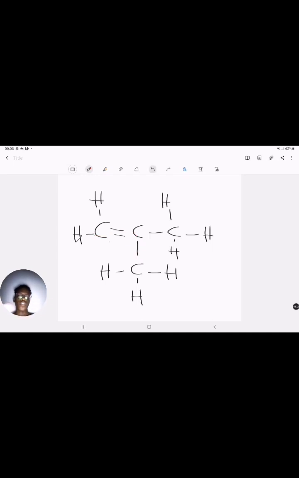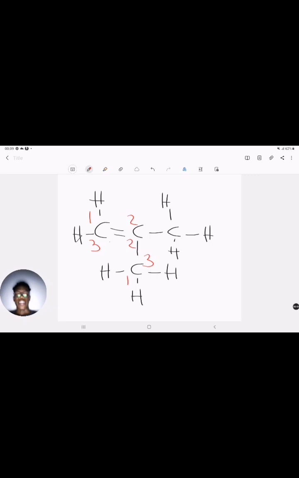Now that I've chosen this as my longest chain, I'm going to number it 1, 2, 3, and 1, 2, 3.